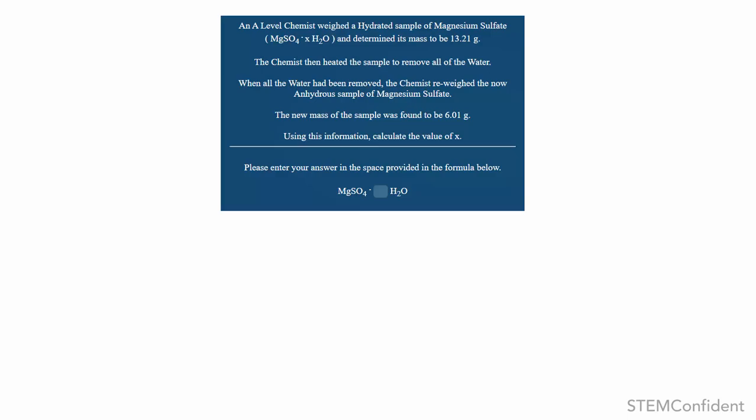So the first thing I'm going to do is work out the number of moles of the MgSO₄. That's going to enable me to have at least a comparison point to compare with the number of moles of the H2O, right? So for MgSO₄, the number of moles is equal to the mass divided by the molar mass, right?